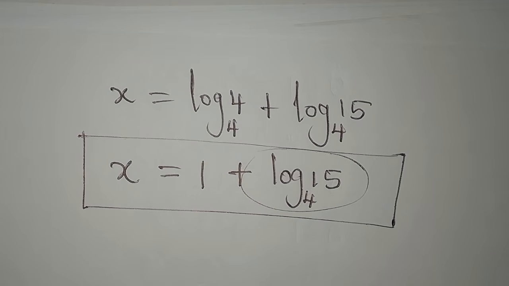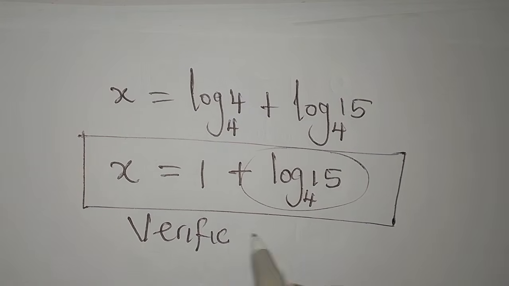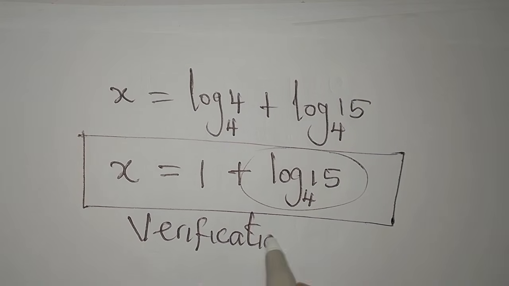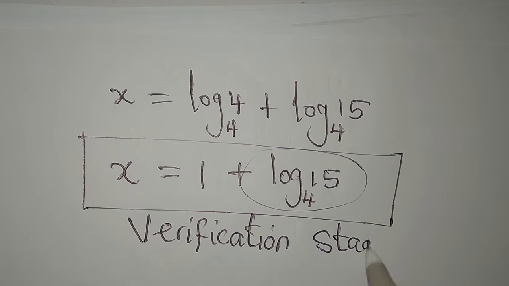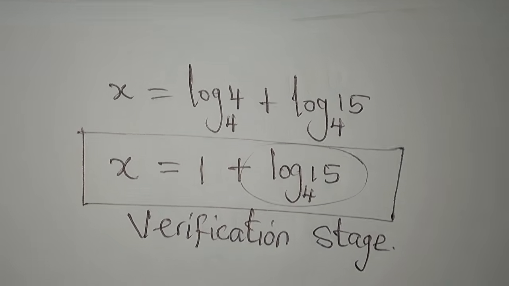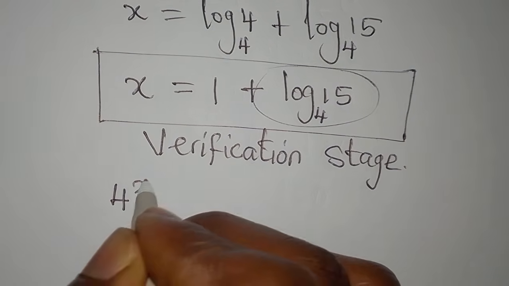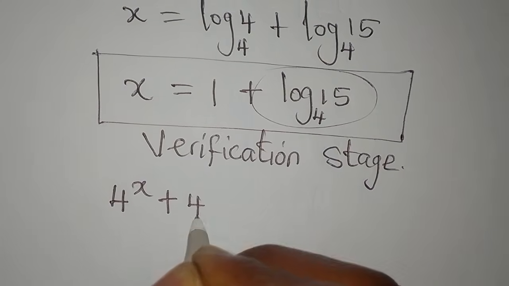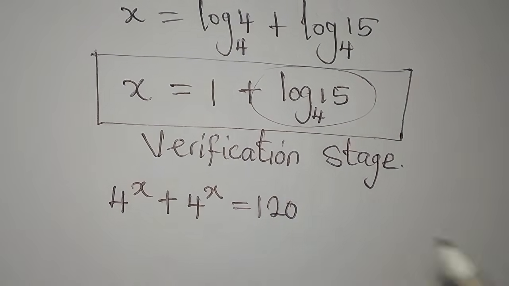Now let's continue as we verify. Verification stage. Right, the equation is 4 to the power of x plus 4 to the power of x equals 120.